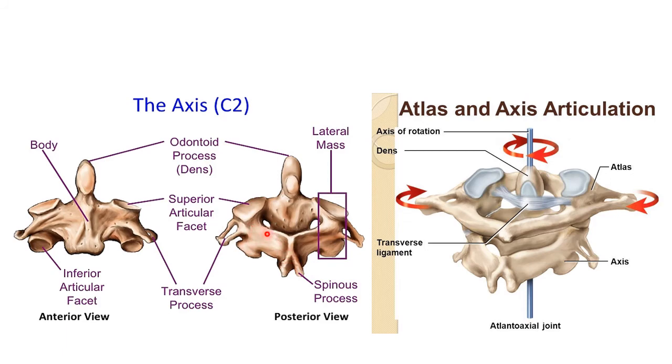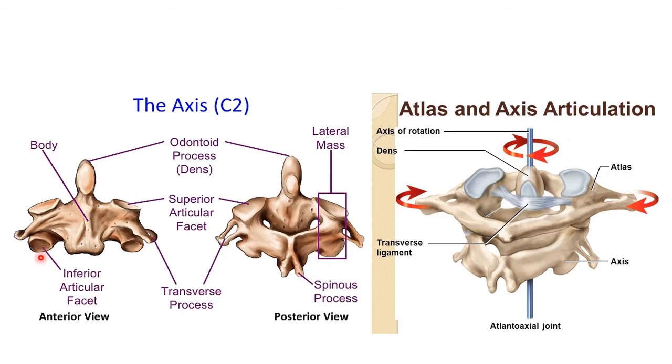The laminae are thick and strong. The superior articular facets are large, flat and circular. They are weight bearing and directed upward and laterally to articulate with the corresponding facet of the atlas. These are the inferior articular facets.